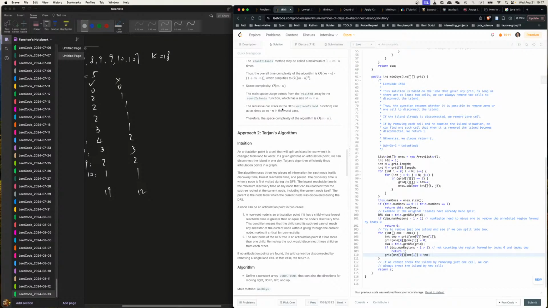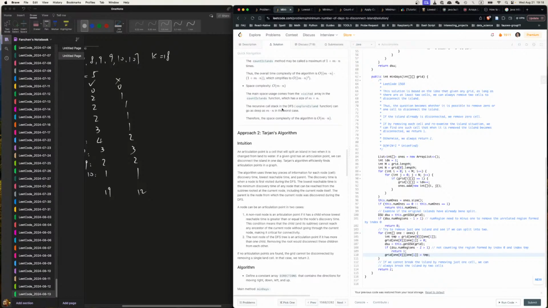And the parent is the node from which the current node was discovered during the DFS. So we have a parent, we have the root, and then we go through, and for each one we can also do the lowest reachable time.